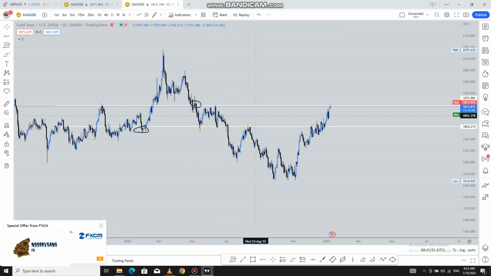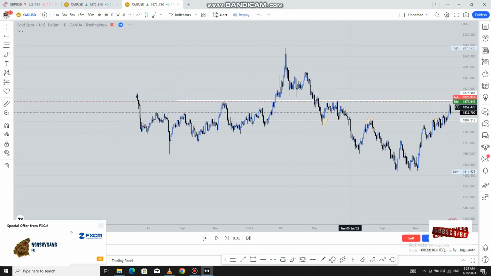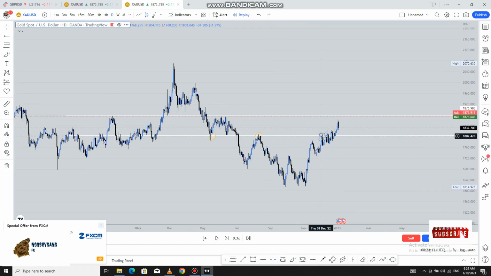That was how I knew that we were somewhere here. I knew that we broke above our supply level, and we would definitely come back to retest this level.